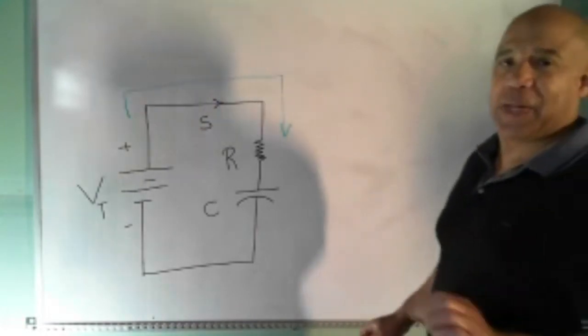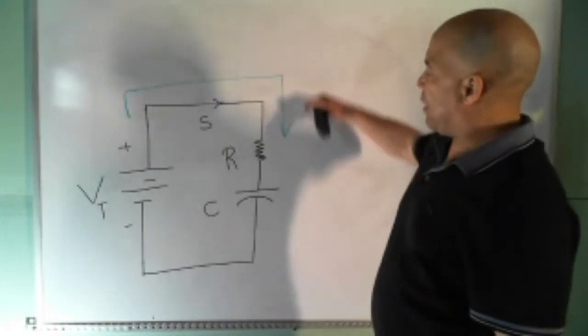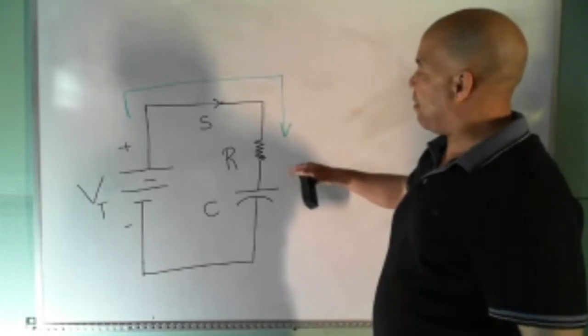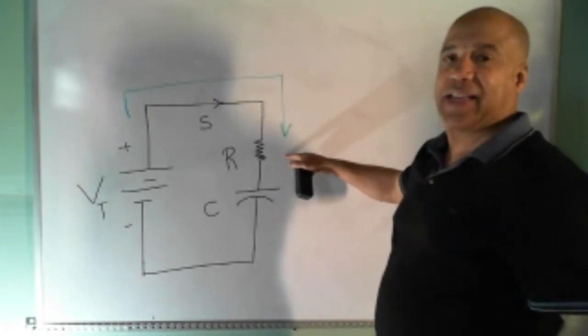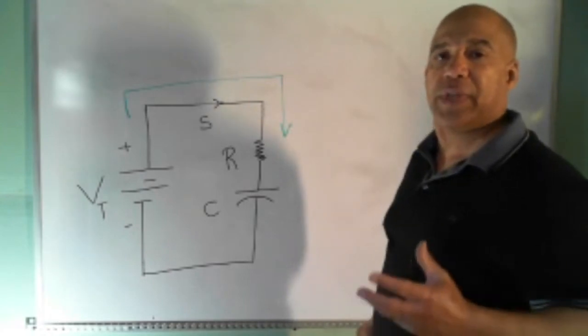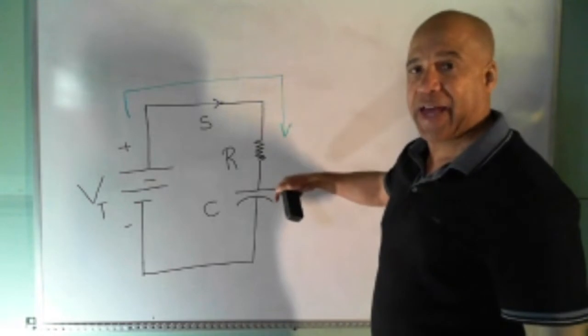So let me go back to what I said before. At t equals 0, the instant I close the switch, current flows in through the resistor into the capacitor. Now, that resistor acts kind of like a check valve. This should make sense to you. The bigger the resistance, the lower the current that can go in to charge the capacitor.